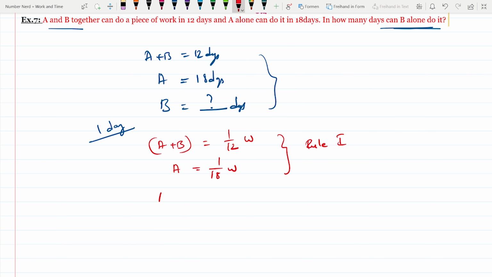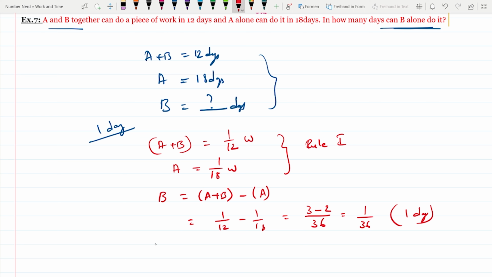Then B's work for one day will be A plus B together work minus A's work, which is nothing but 1 by 12 minus 1 by 18. The LCM will be 36. 12 3s are 36, 18 2s are 36. So 1 by 36 will be the work done by B in one day.